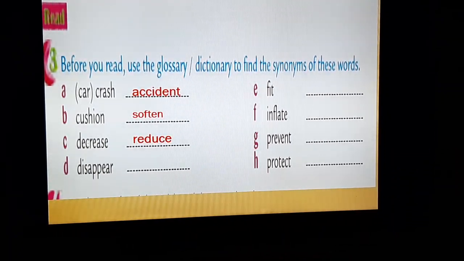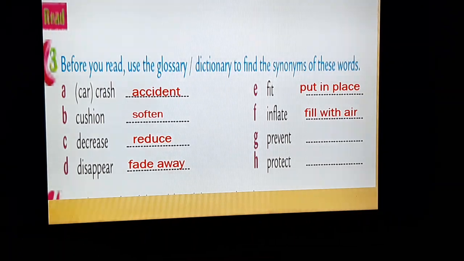Disappear, to hide or not to be seen, or to fade away. Fit, to put in place. Inflate, to fill with air. Prevent means to stop. And protect means to save or safeguard or keep safe.